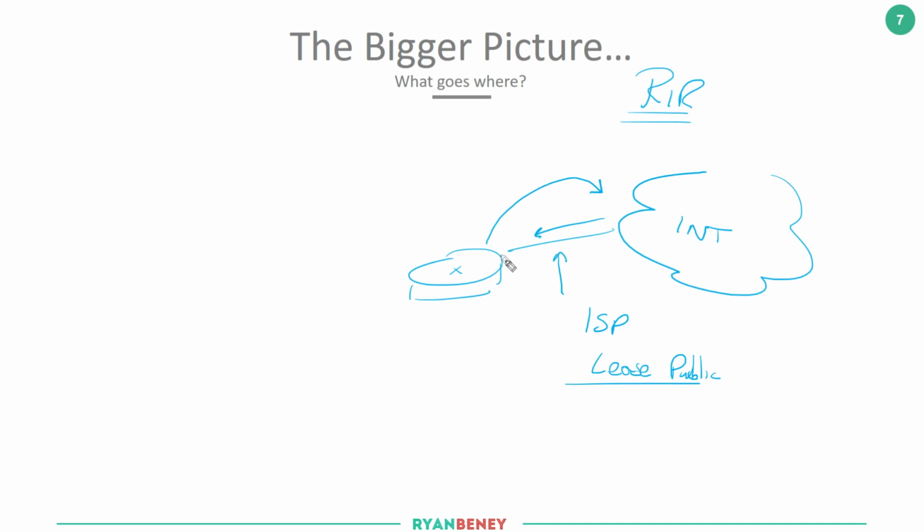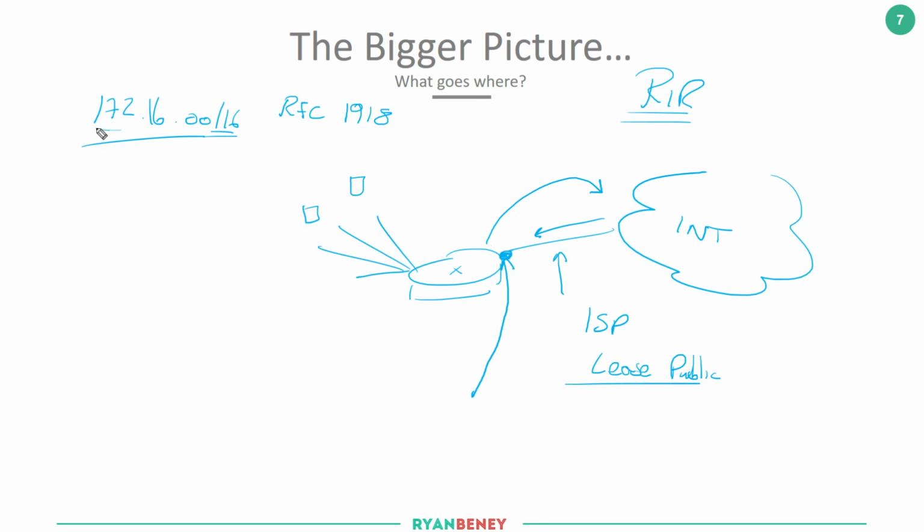So public IPs are globally unique. They can be static, they can be dynamic, and they can be either ones that we own or ones that an ISP owns. Behind the router we tend to have a bunch of devices. These devices will have IPs part of the RFC 1918, which, let's say for example, maybe the 172.16.0.0/16 range, and that means that all of our devices will have an IP address of something like 172.16.0.1, 172.16.0.2.